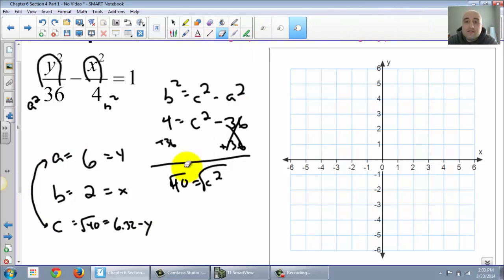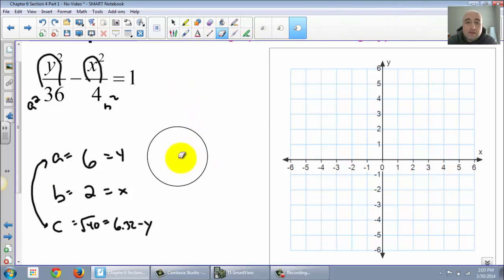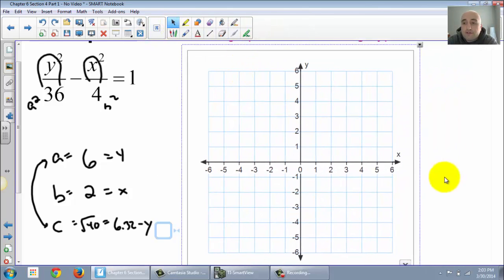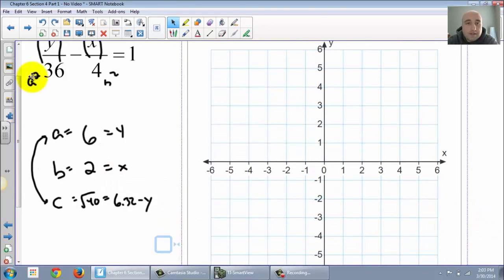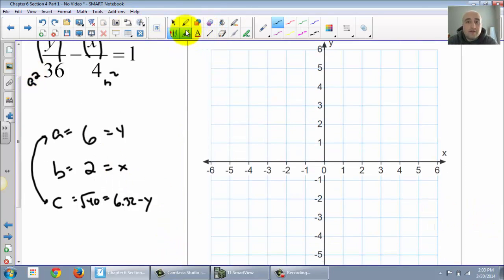I'm going to erase this, and then we should be able to come up with our graph. Alright, so let's see here. Alright, our A is 6 and it's on the y-axis, so I'm going to go up 6. Let me do this in a color. Up 6 and down 6.